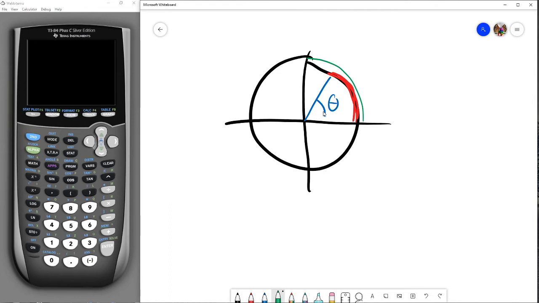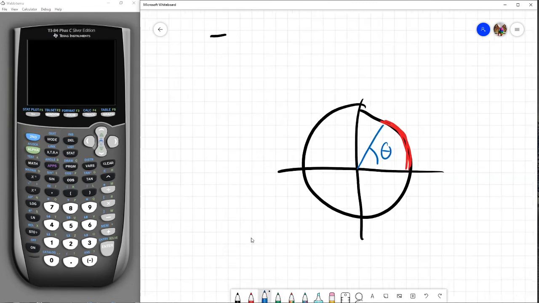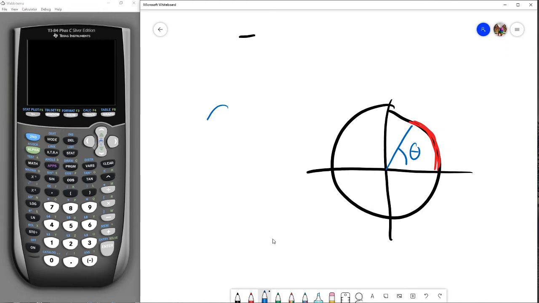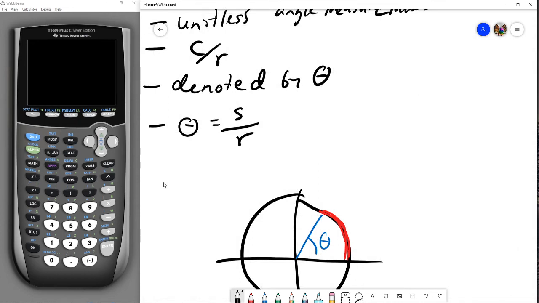So we could think of our angle in terms of radians as the ratio of the arc length. Theta is going to equal the arc length divided by r, where s is the arc length. And this actually gives you a new equation.